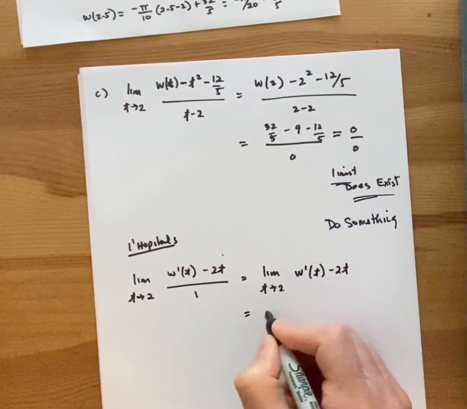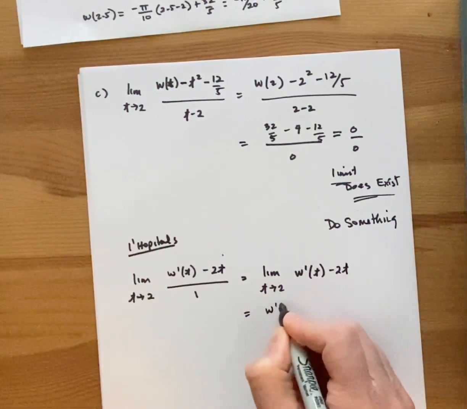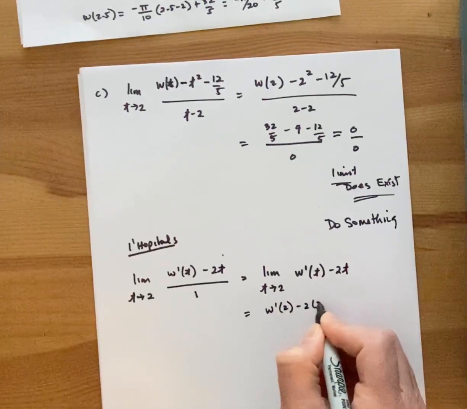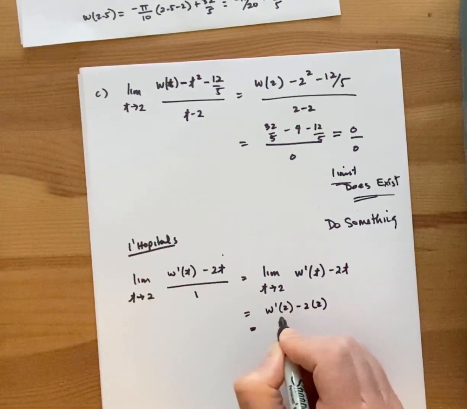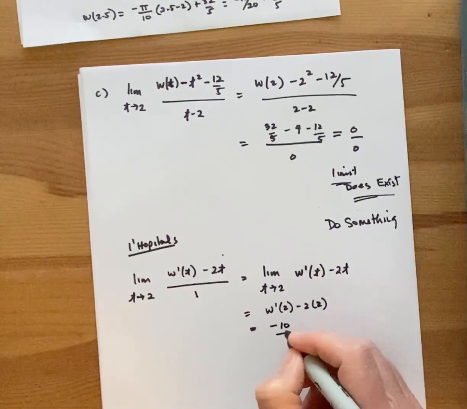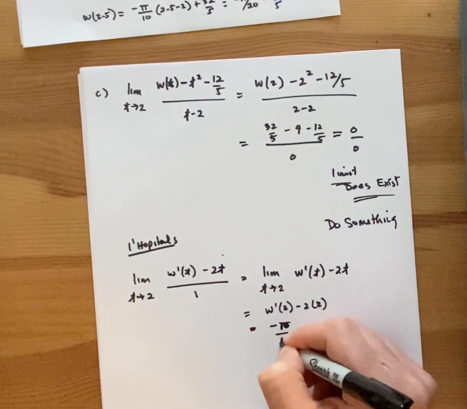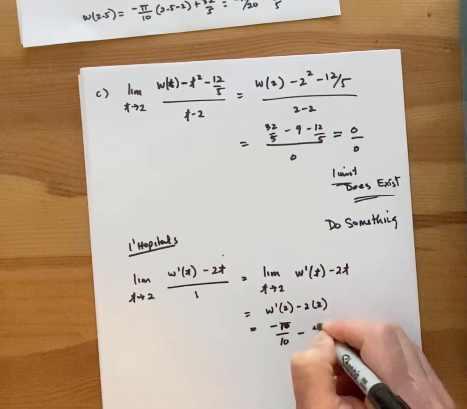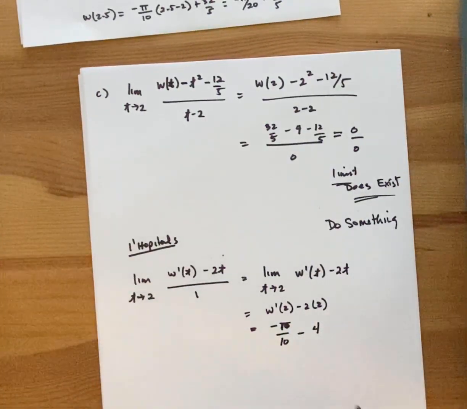Okay, and now I can plug in 2. We already did W prime of 2. It came out to that negative pi over 10 minus 4. So there's our limit.